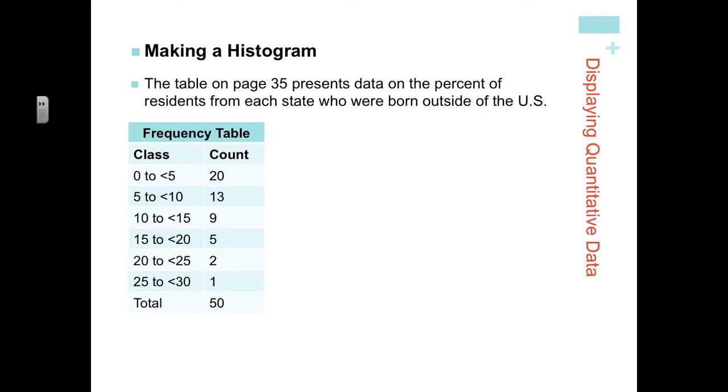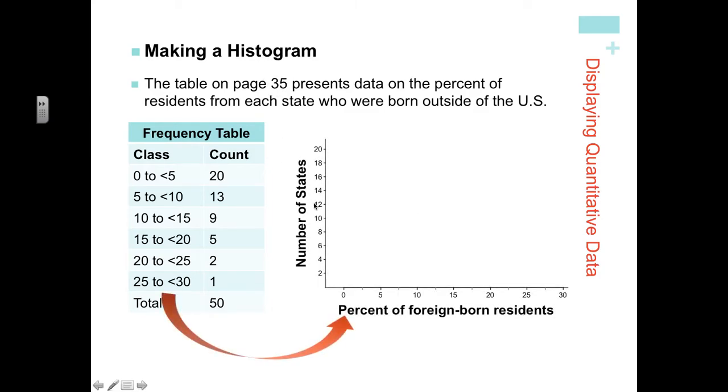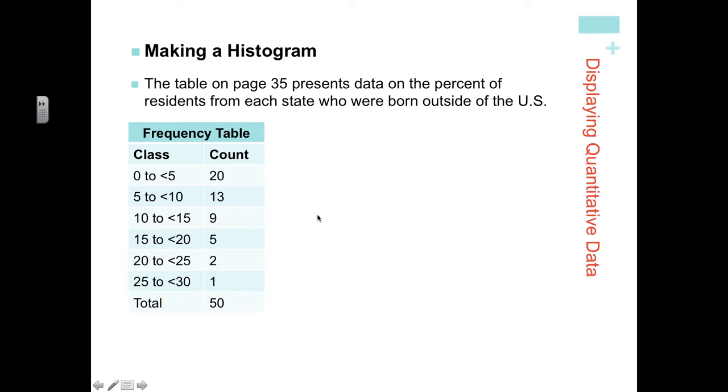So, I said on page 35, but it's in your packet. So in your packet, I gave you a list of, let's see here. Okay, so residents born outside of the United States. Right here you have the breakdown state by state. I came up with these classes.